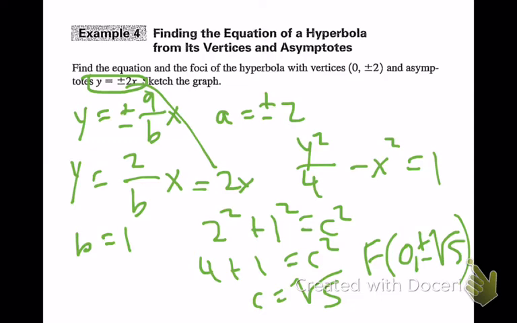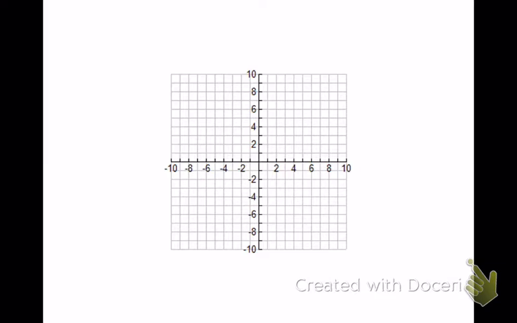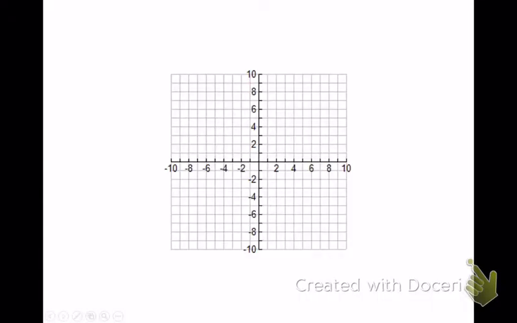All right, everybody's got that? Okay, so let's sketch this real quick. I think we can get it done. So my y values are 2 and negative 2. So we've got 2 and negative 2. And my x values are 1 and negative 1. So then I use that to draw my asymptotes.